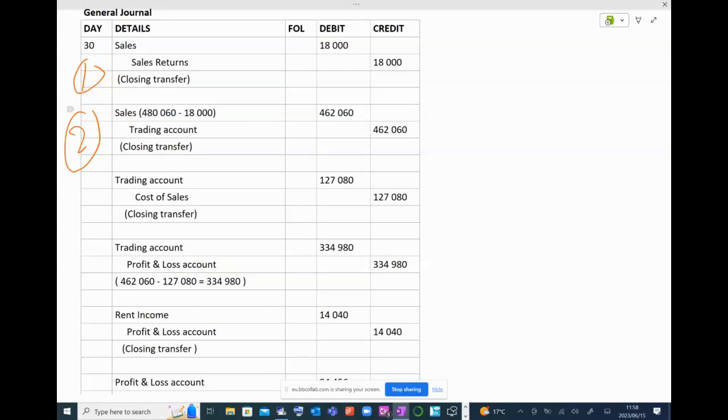Next step, step number 3, we said was closing off cost of sales to the trading account. That's what we're doing. Cost of sales we know is an expense. We've been debiting the whole year. To close it off, to bring it to 0, that's what we're talking about when you say closing off. We now need to credit that by the amount in the trial balance or by its total at the end of the year.